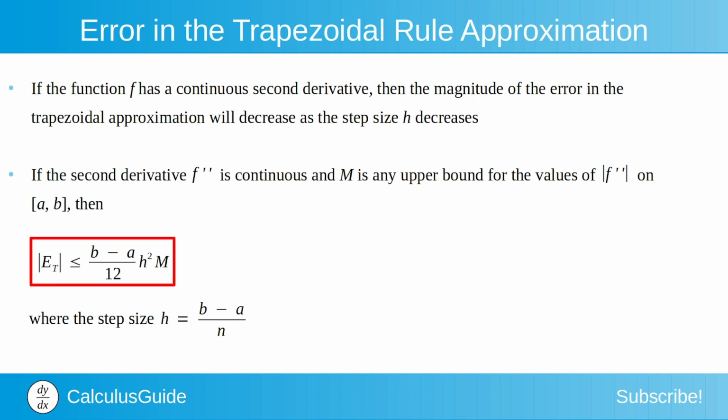We can use this equation now highlighted to estimate the error in trapezoidal rule approximations. I'll also mention here that it is possible for round-off errors to affect trapezoidal rule approximations in a significant way. This can occur if the step size h is set so small that round-off errors accumulate and become significant.